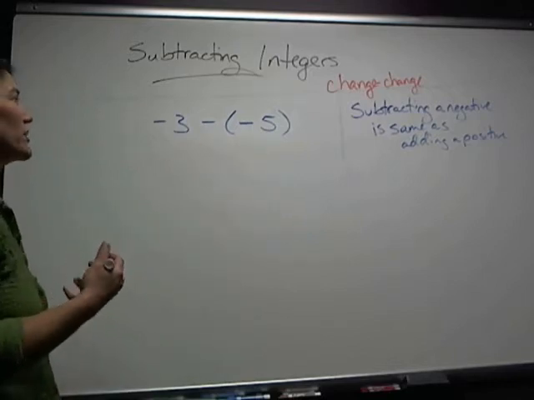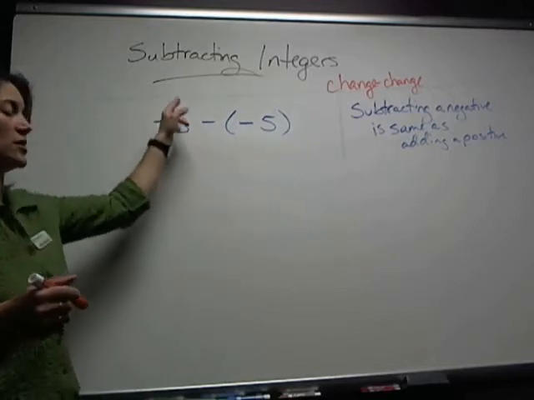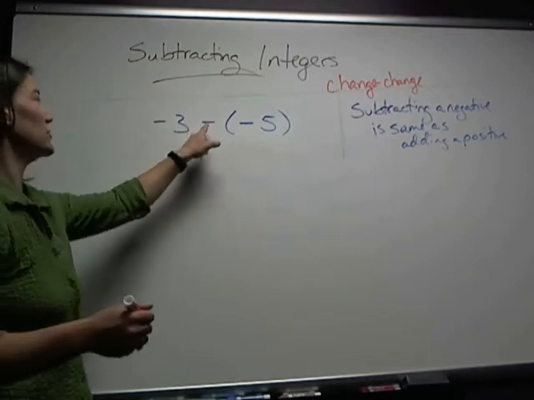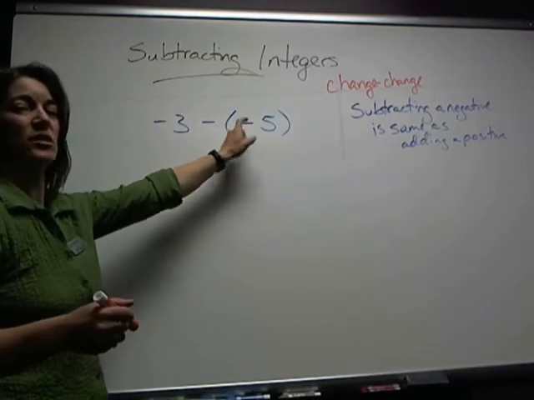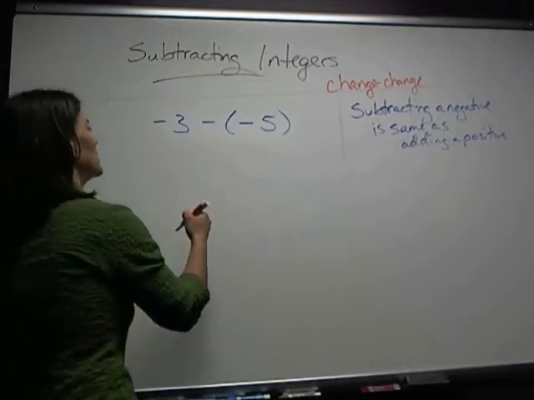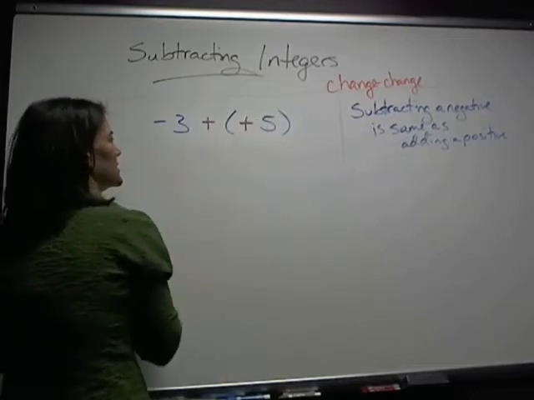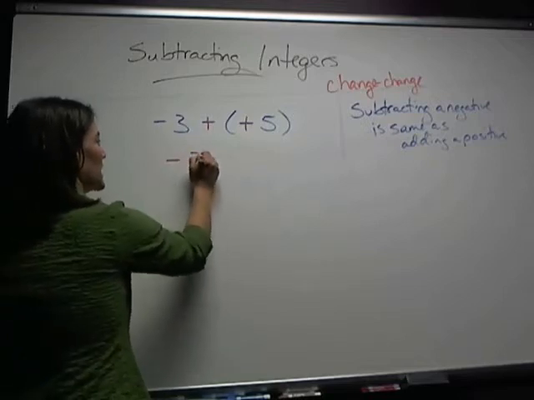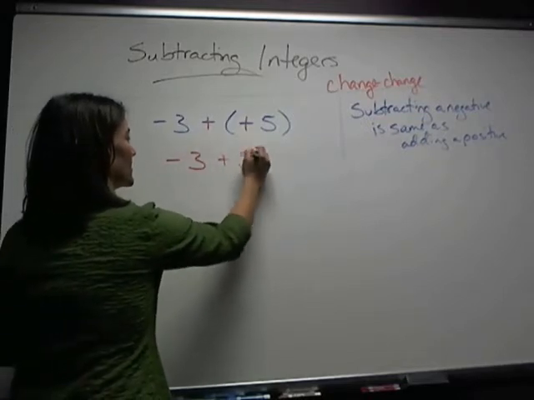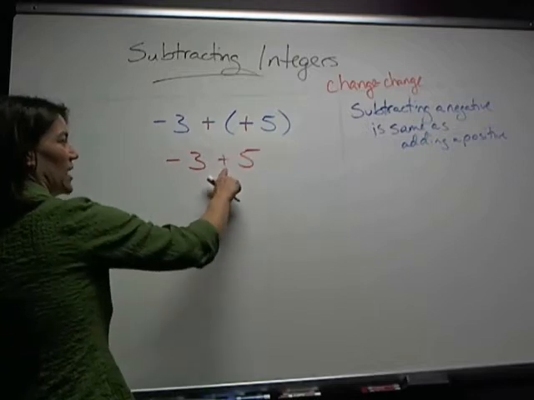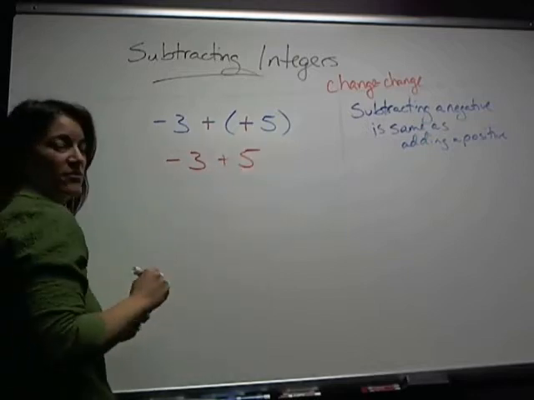So once again, I have to do my change. Now, I never change the number that's in front. I'm changing the subtraction, and it's always the number that's right after the subtraction. So the subtraction becomes addition. This negative becomes a positive. So this now becomes -3 plus 5. So subtracting the negative became adding a positive.